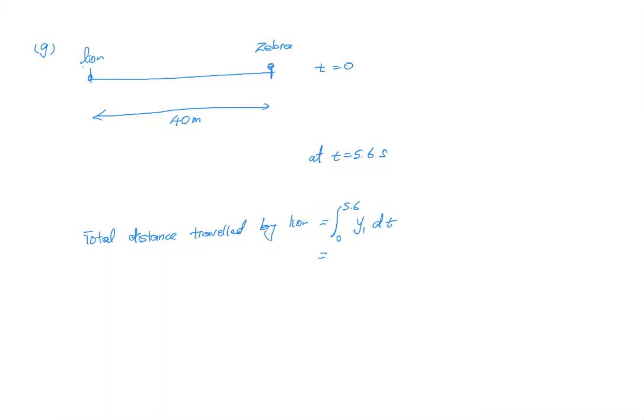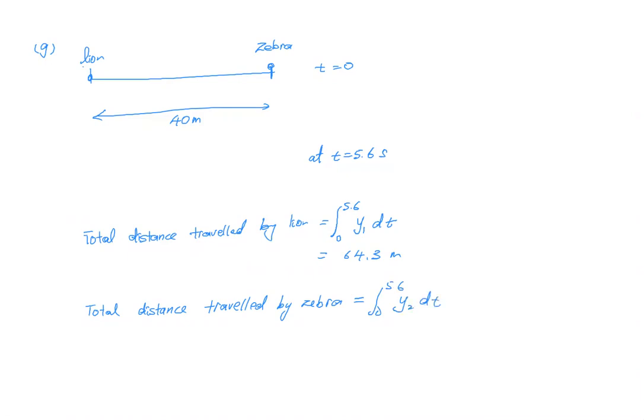Then you count total distance traveled by the zebra. Okay, 64.3 meter. Okay. The distance traveled by zebra. Integrate 0 to 5.6 Y2 dt.